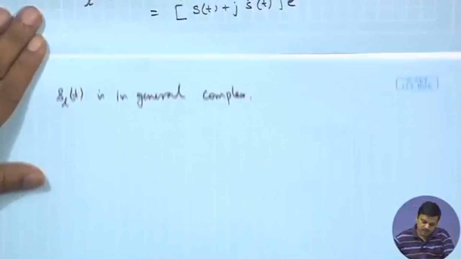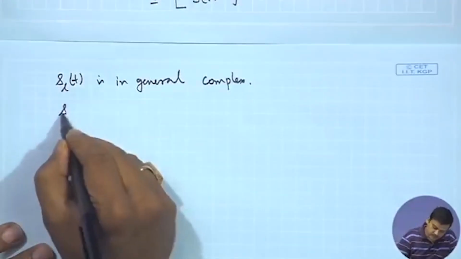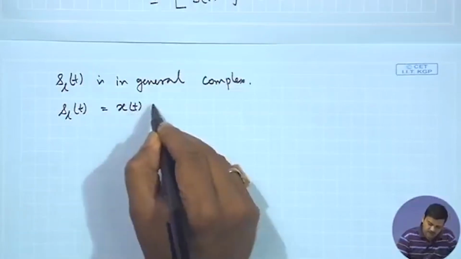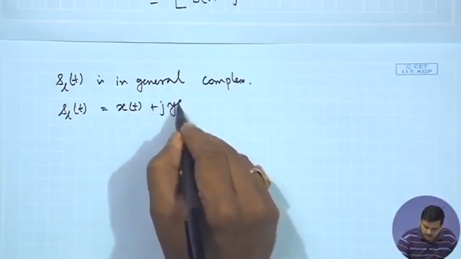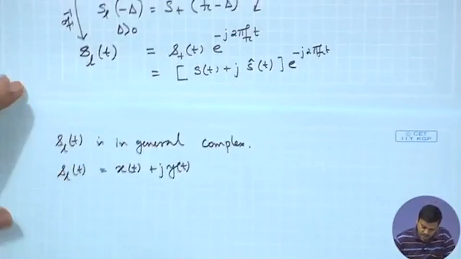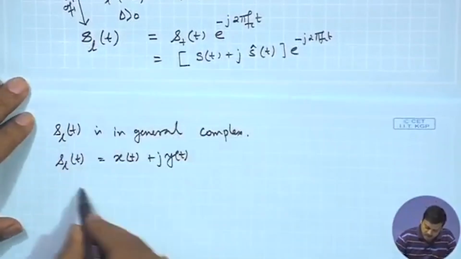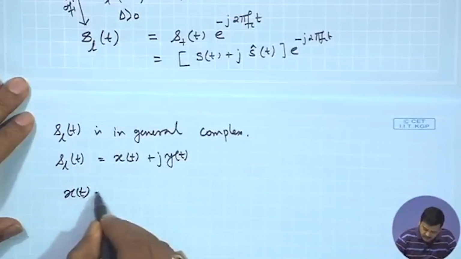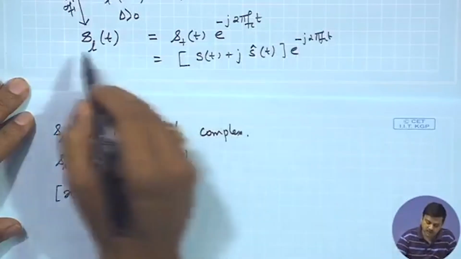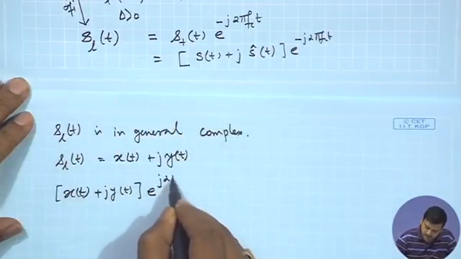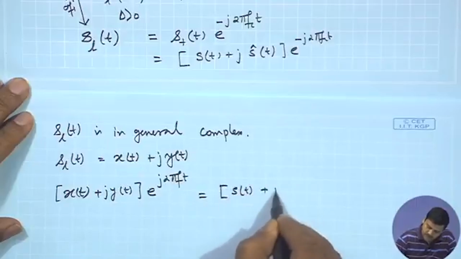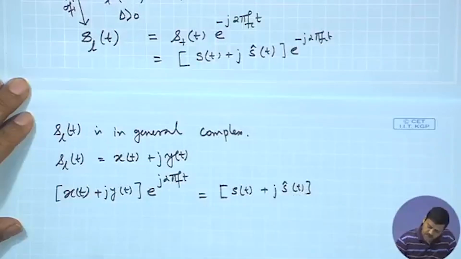It is a complex signal in general, and then you could write S_L of t as x of t plus j y of t. If this is so, then you could equate the terms. If I take this exponential, e to the power of j 2 pi f_c t, on this side, we have x of t plus j y of t times it is equal to S of t plus j S cap of t, right.